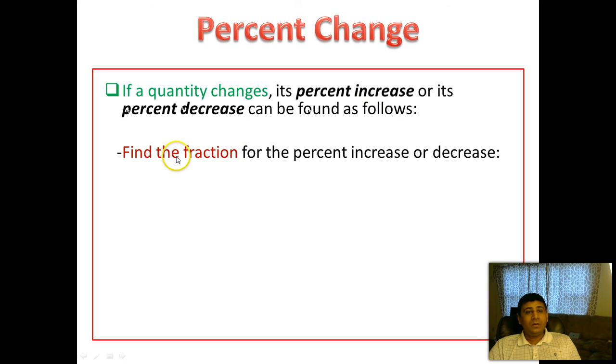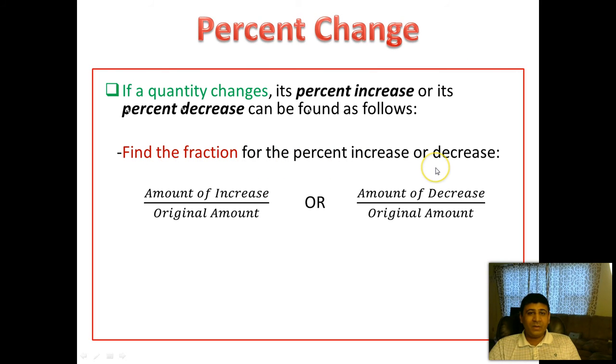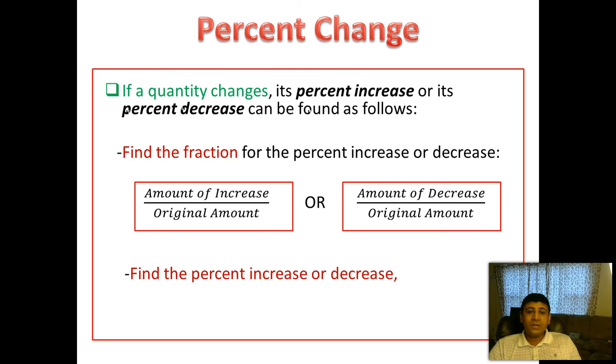First of all, we will find the fraction form of the percent increase or percent decrease. What do we mean by that? It's like this: amount of increase divided by the original amount, or if you're finding a decrease, then amount of decrease divided by the original amount. After that, you find the percent increase or decrease.